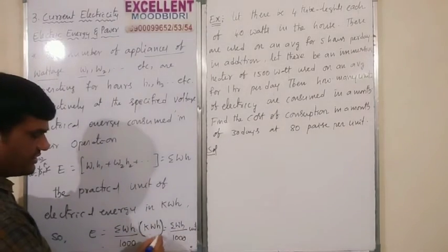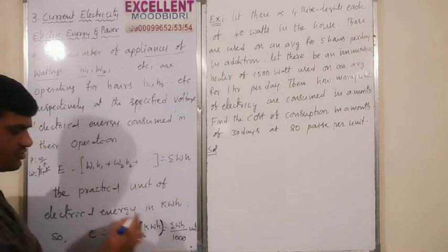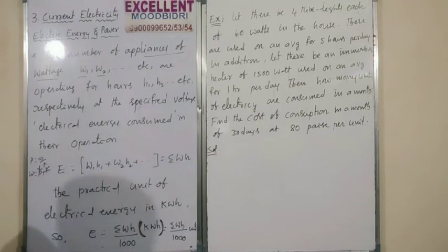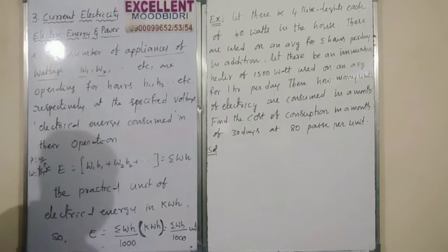Kilowatt hour is the unit of energy, which is 36 into 10 power 5 joules. Are you clear? Kilowatt hour is the unit, the number of units. How many units are we consuming per month?